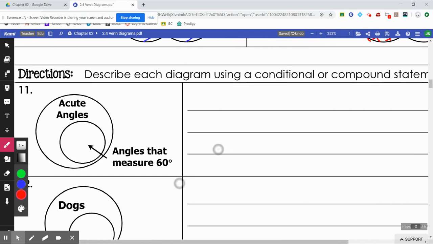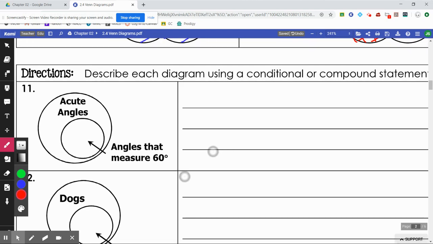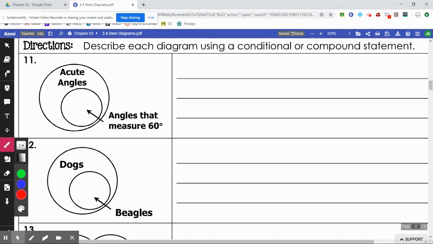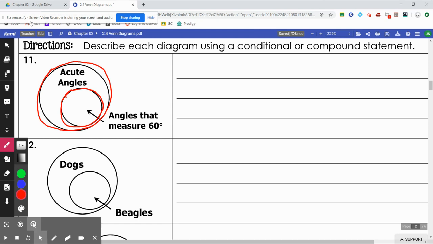Okay, the directions on number 11 say describe each diagram using a conditional or a compound statement. You see you have in the outside circle all acute angles, and inside of here, you have every angle that measures 60 degrees. Therefore, that would be an implication.